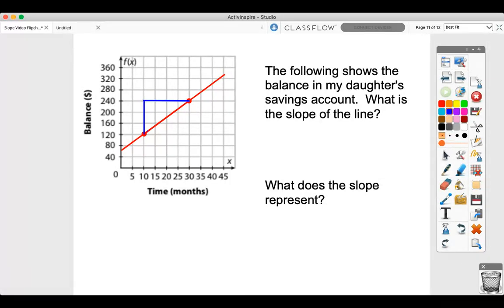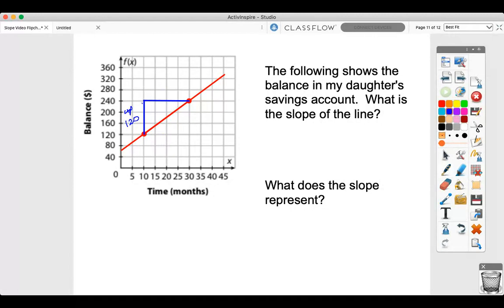So the question is, how far did we go up? We can't just count the squares because each square is not worth 1. From 120 to 240, which means we went up 120. It's important to know the direction because the direction is going to tell us whether it's positive or negative.